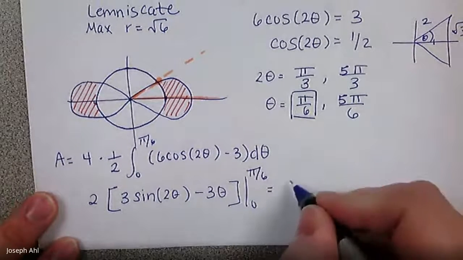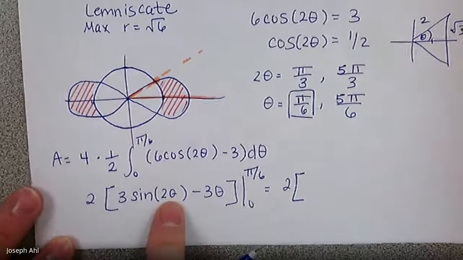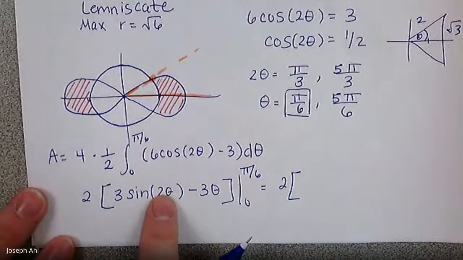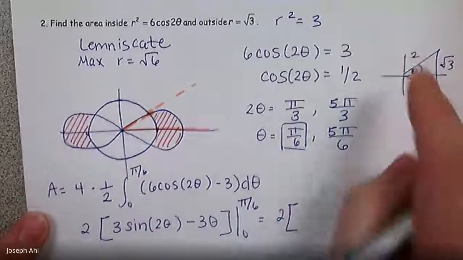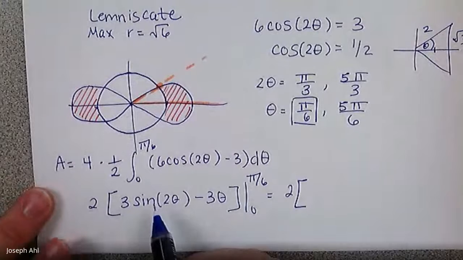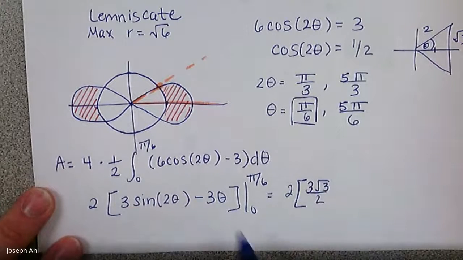So let's see if we can plug in here. We're going to get 2 times sine of 2 pi over 6, that's the same thing as sine of pi over 3. Sine of pi over 3, I can use this picture, is radical 3 over 2. So that's going to turn into 3 radical 3 over 2 when I multiply it by 3.